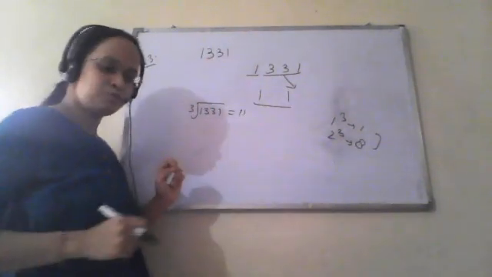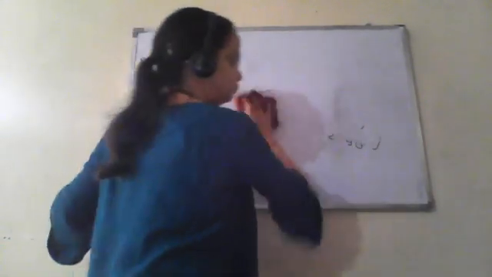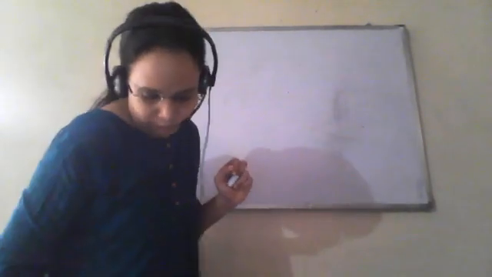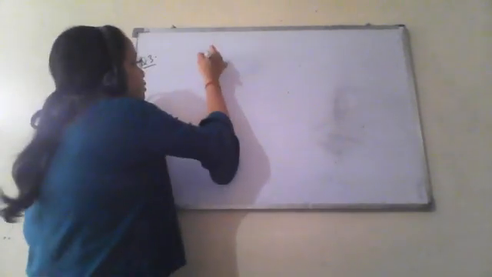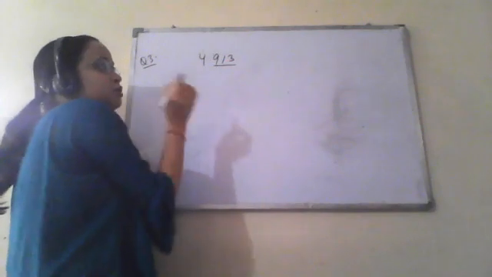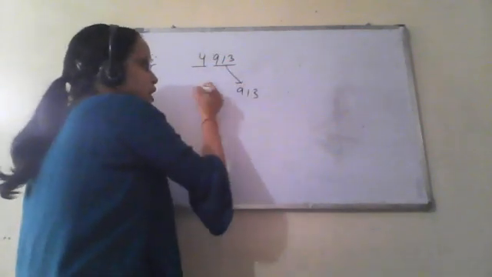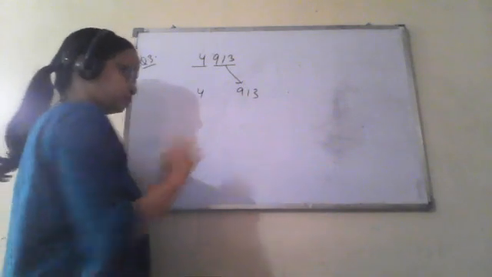So this way we have to calculate through estimation. Next is 4913. Again we start pairing in groups of 3. So this is 913 and this we have 4.